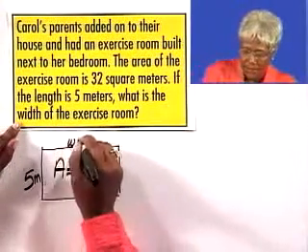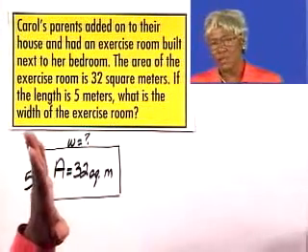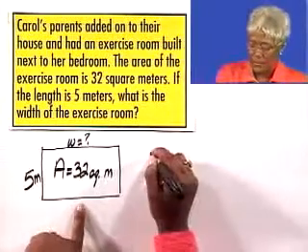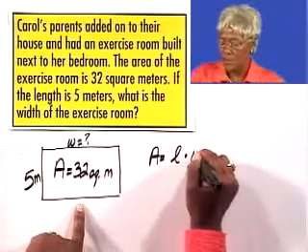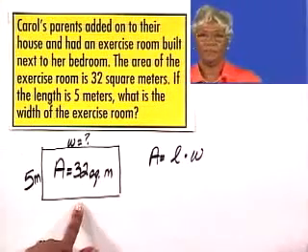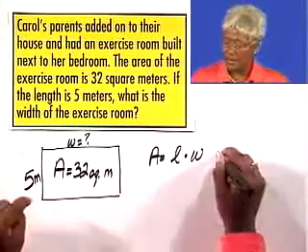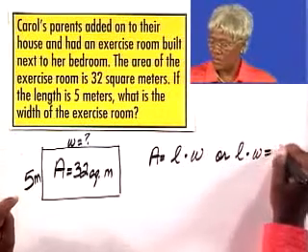What is W? Well, we know from previous courses that the formula for the area of a rectangle is length times width, or we could say width times length, either one, equals the area.